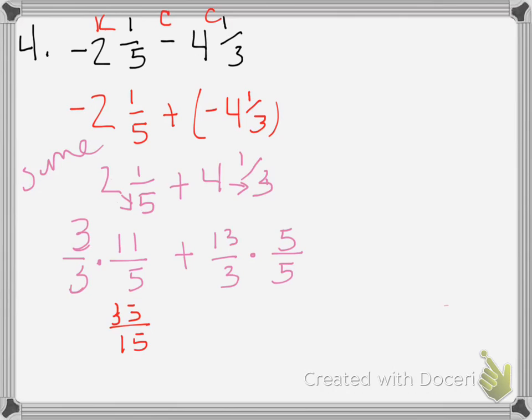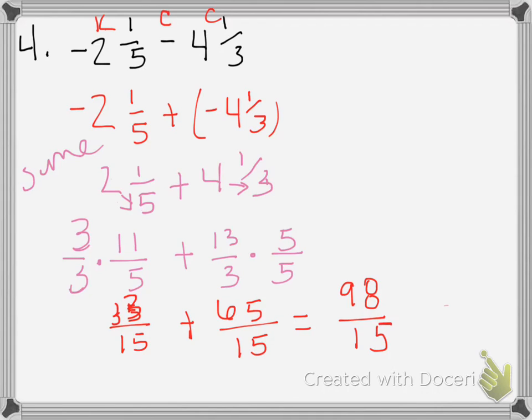So 15 is our common denominator. That's 33 plus 13 times 5, which is 65, over 15. So when we add those, we get 98 over 15.